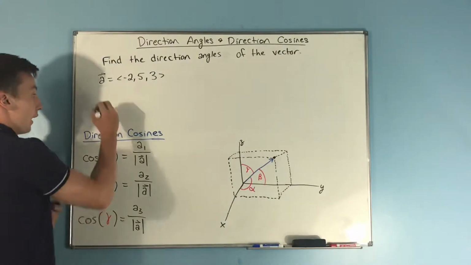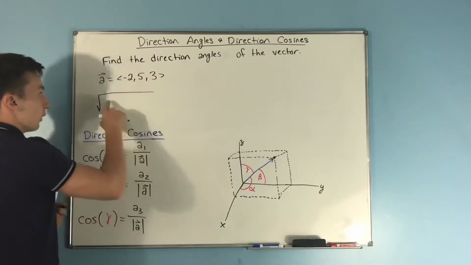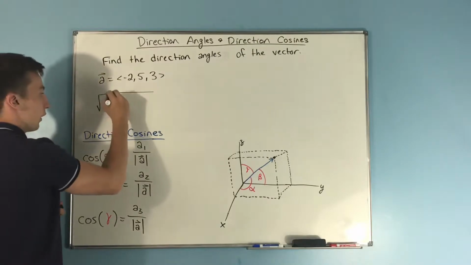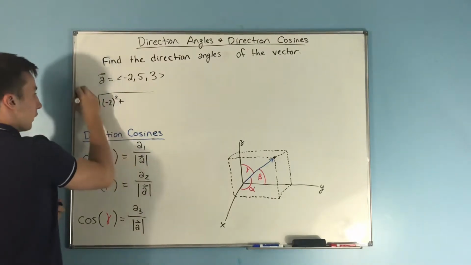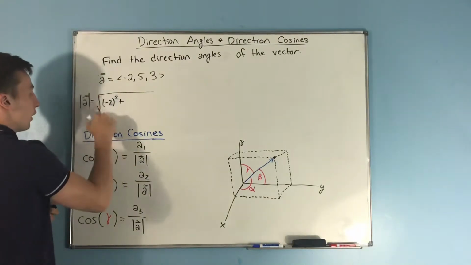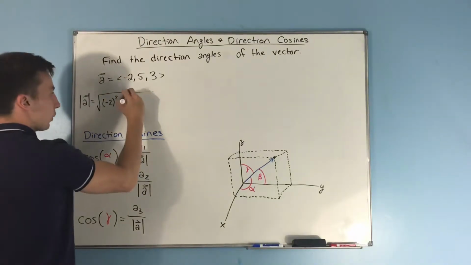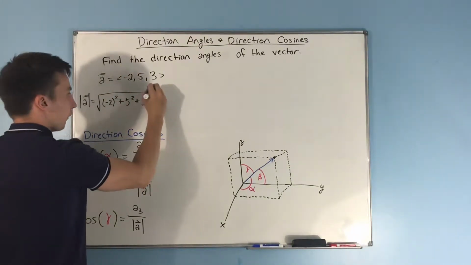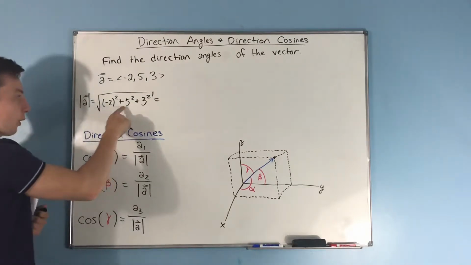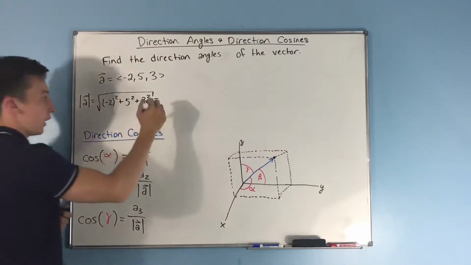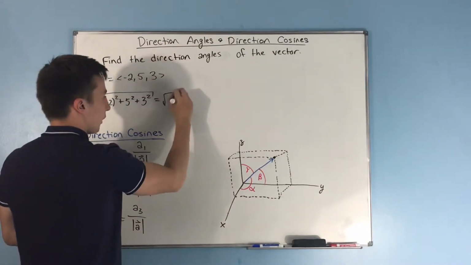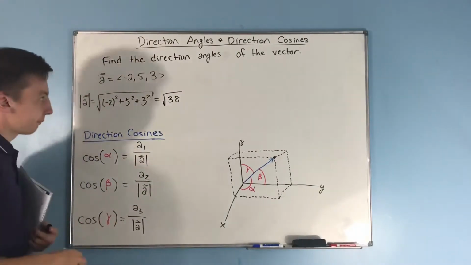To do that, we use our distance formula, right? We're just going to plug in the magnitude of a equals the square root of -2 squared plus 5 squared plus 3 squared. And that's going to be equal to 4 plus 25 is 29, plus 3 squared, 9, will be 38, root 38.